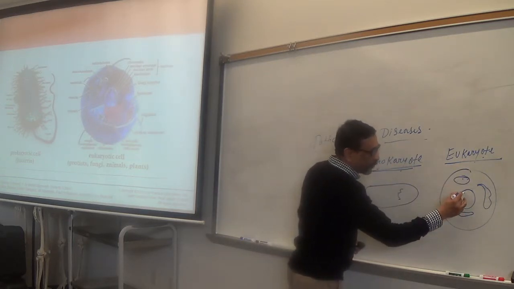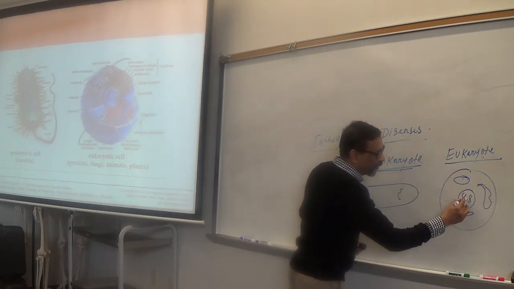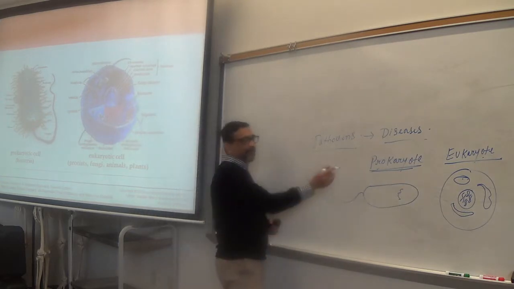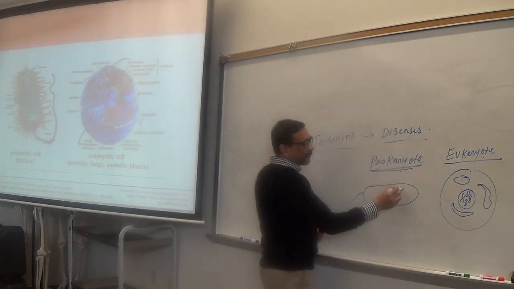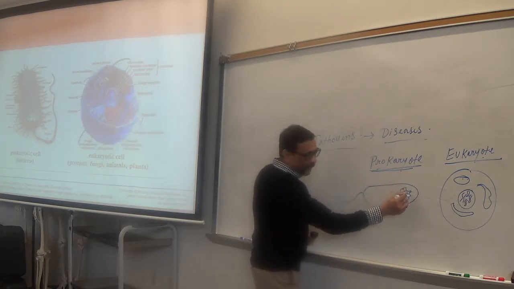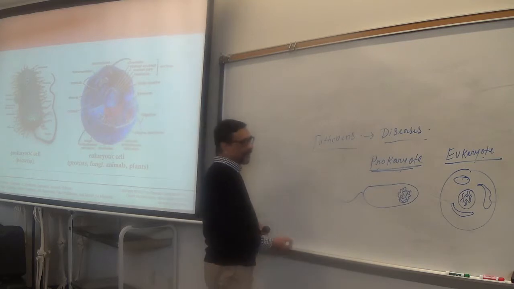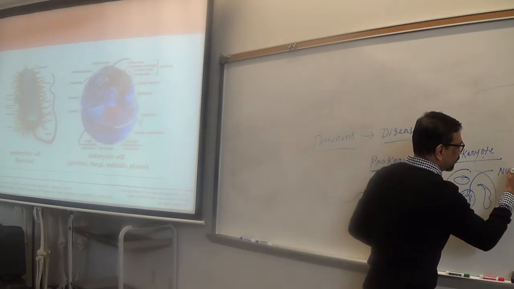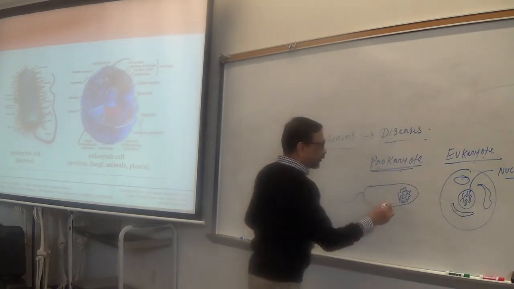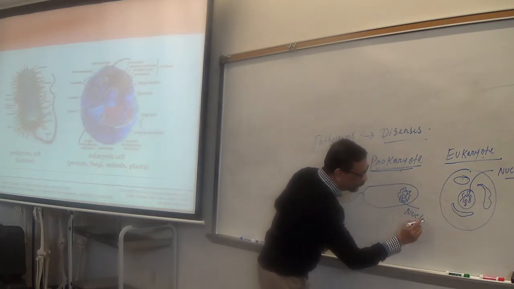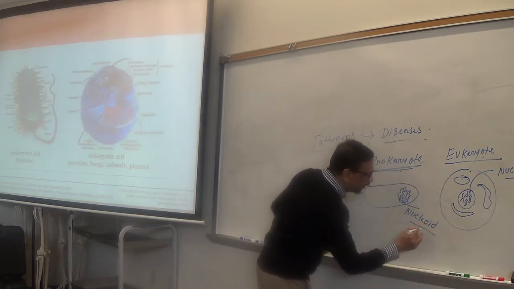In eukaryotes, we know that DNA is inside the nucleus, chromatin and DNA inside the nucleus. But in case of prokaryotes, DNA is present in the cytoplasm and not located inside a nucleus because no nucleus is there. So this is the nucleus, and this is called the nucleoid.